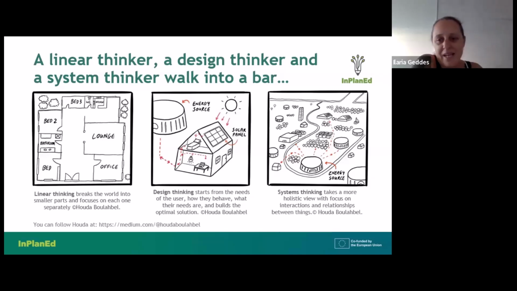If you pick the design thinker, you might end up creating perhaps a beautiful home, a nice, energy efficient solution, but maybe it's looking at the wrong problem, because there's a much bigger problem in the wider world that they are not looking at.